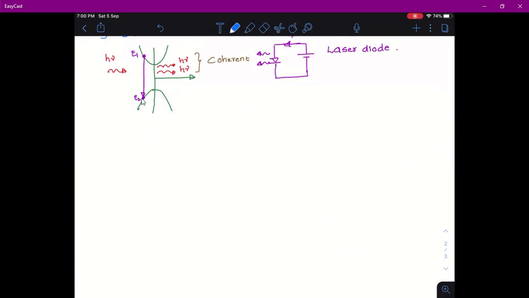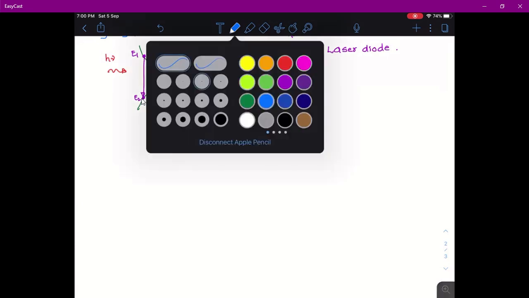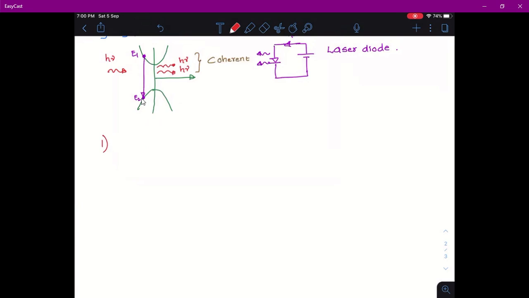But all the phenomena of optical processes work on two basic conditions or two basic principles, and they are: one, conservation of energy, that we have seen already, and two, the conservation of momentum.